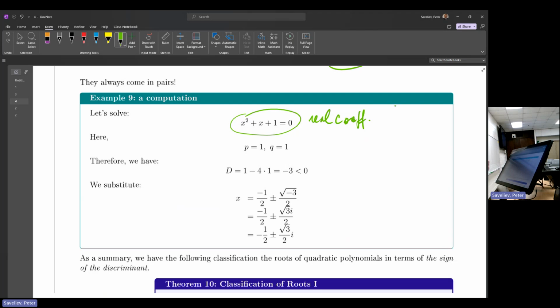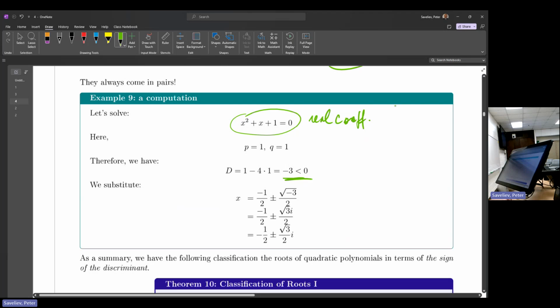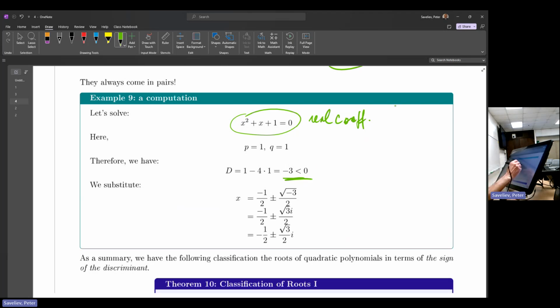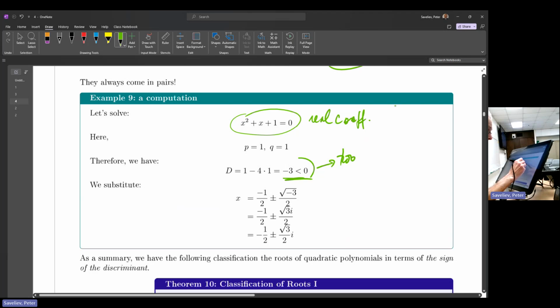The quadratic formula applies perfectly well. In this case, the discriminant happens to be negative. We know ahead of time that the answer is going to be two complex conjugates. Then you just apply the quadratic formula right here, and you have, as you can see, -1 plus or minus square root of 3 over 2i.